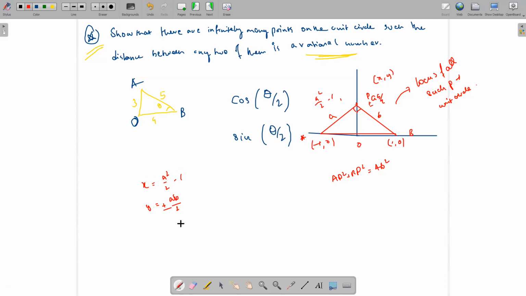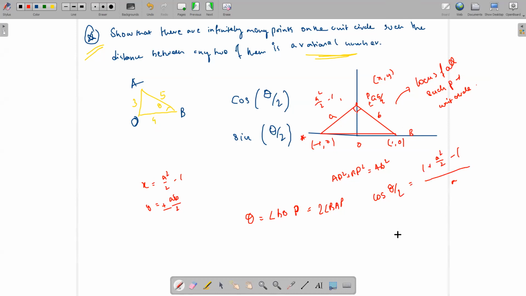Let us take theta as angle BOP. He was also taking the twice angle. So this is actually twice of angle BAP, right? So what is cos theta by 2? Cos theta by 2 is 1 plus a square by 2 minus 1 divided by a, right?